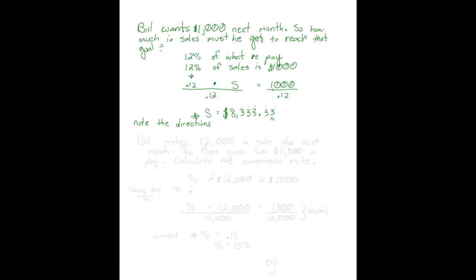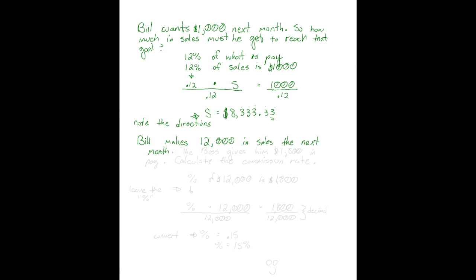Now the tricky one. Let's say that Bill makes not $8,000, not $8,300, but $12,000 in sales the next month. He was really going gangbusters.